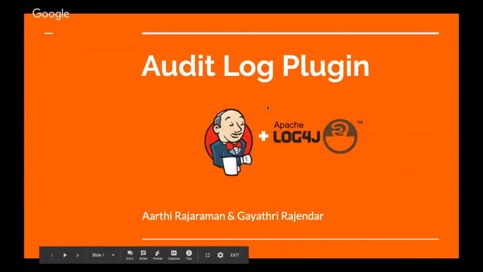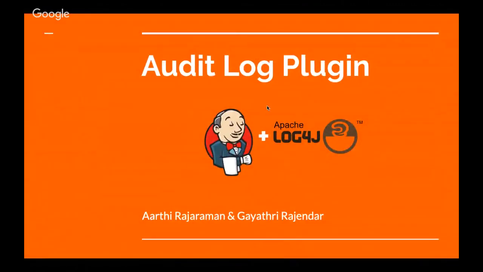I'm also accompanied by Gayathri R in the project. And we are mentored by Matt Sicker and Jeff Thompson. And we are working on the Audit log plugin project using Apache Log4j Audit. We are developing this plugin for Jenkins.